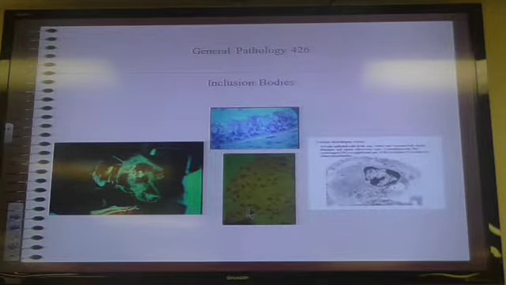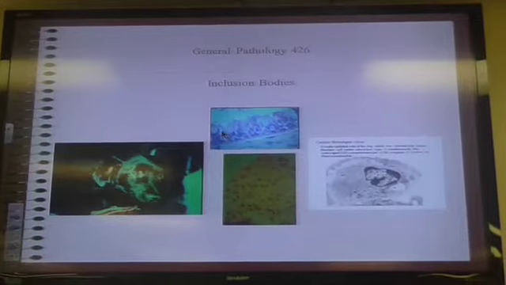And here's canine distemper and the inclusion bodies. Of course, it can affect the respiratory tract. That's actually in the urinary tract. It can affect throughout the body. That's one of the inclusions there.